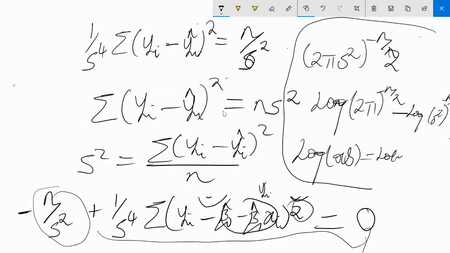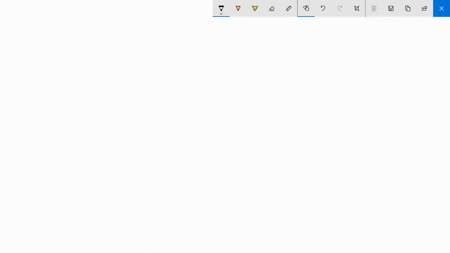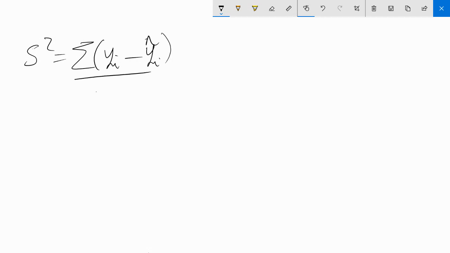So from this part, I'm going to rewrite our S, and I'm not going to derive this because we did derive it last week, to save time, because I can see time is not on our side. So let me erase this. This part in the numerator is nothing but the summation of e_i squared.